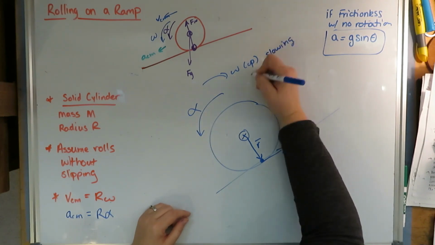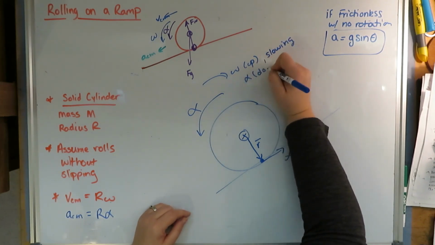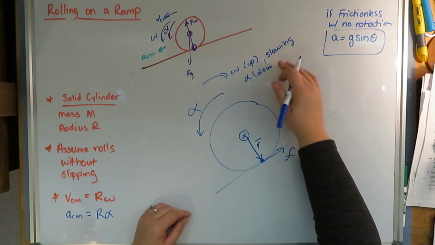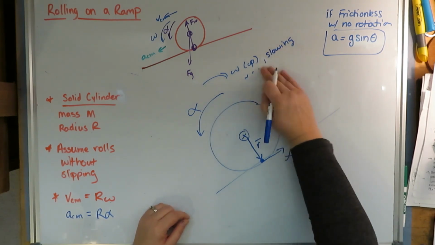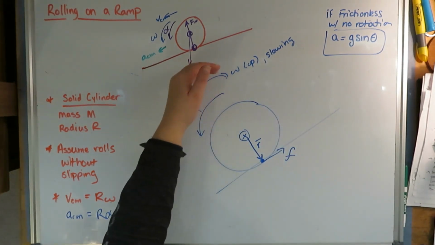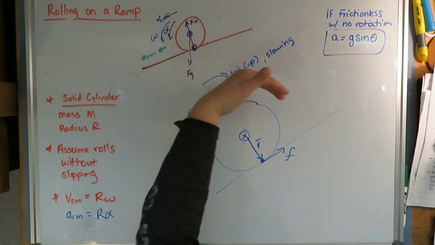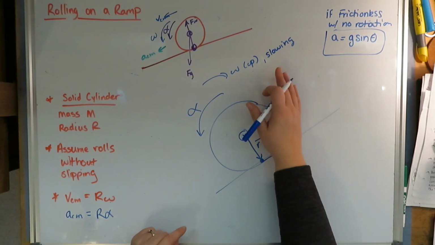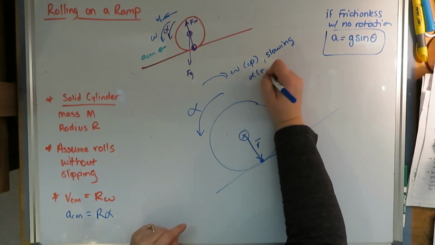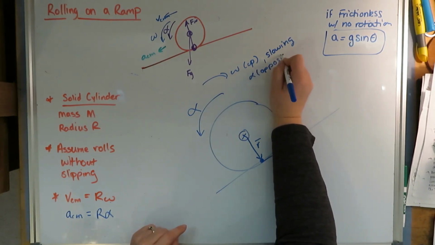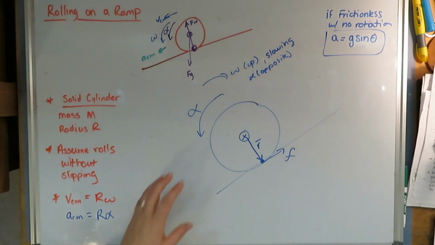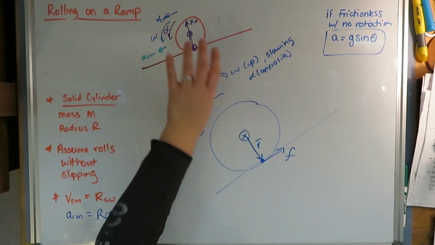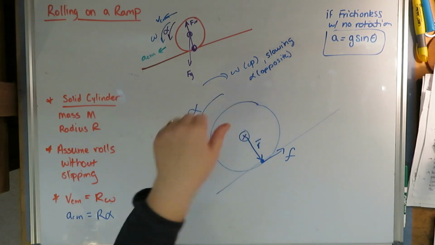So my angular velocity when I'm going up the ramp is in the clockwise direction. I'm slowing, so that means that my angular acceleration has to be in the opposite direction as whatever the angular velocity was. So in this case, the angular velocity was clockwise, so my angular acceleration had to be counterclockwise.